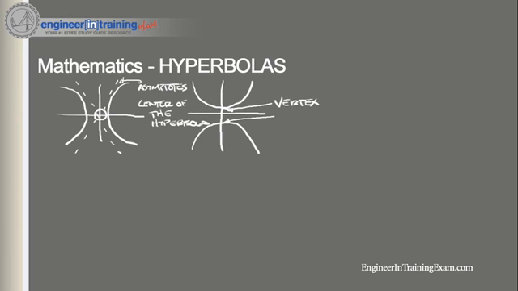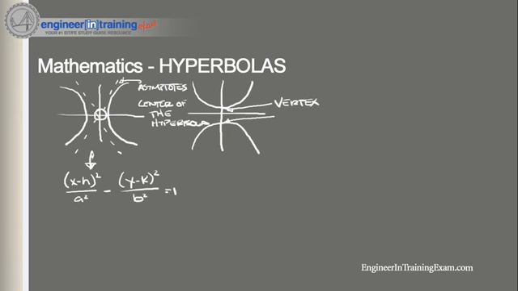Now each of these graphs has its own standard form equation. The one that opens right and left, the standard equation to this hyperbola is (x minus h) squared divided by a squared minus (y minus k) squared divided by b squared is equal to 1.